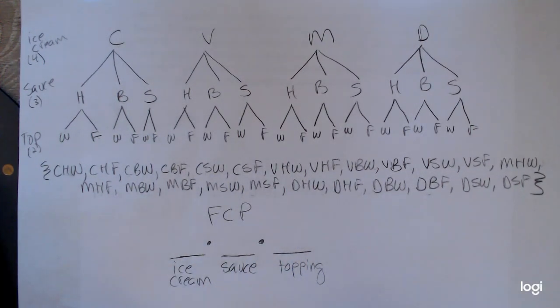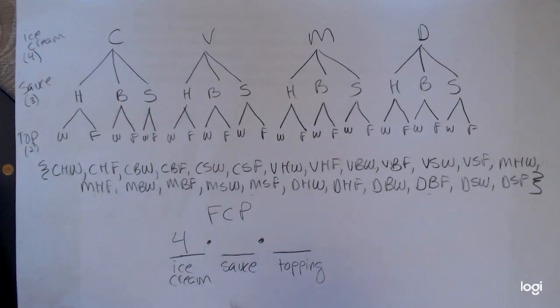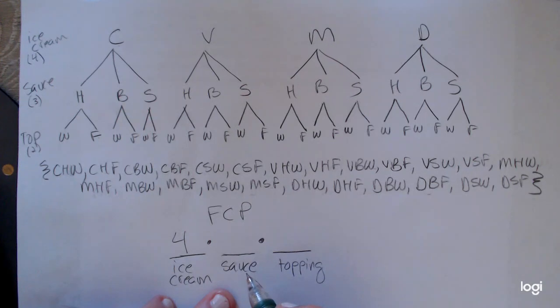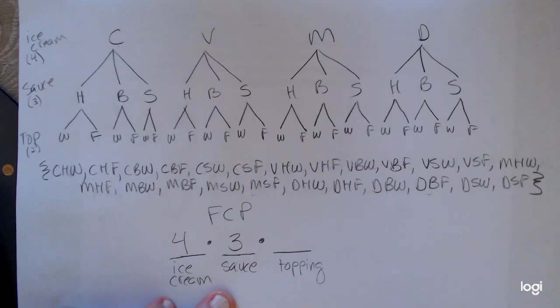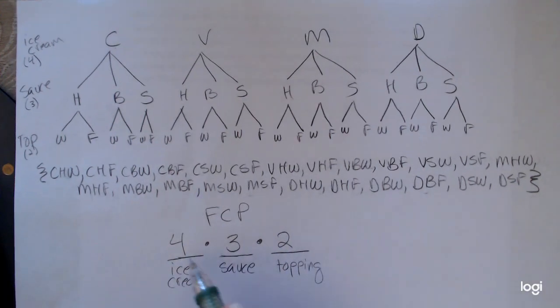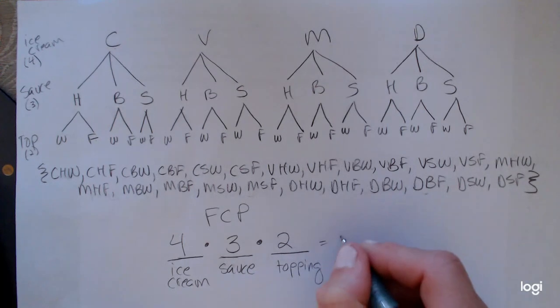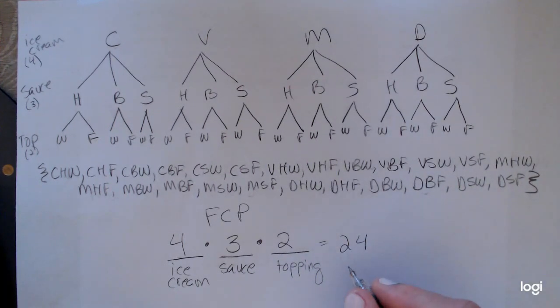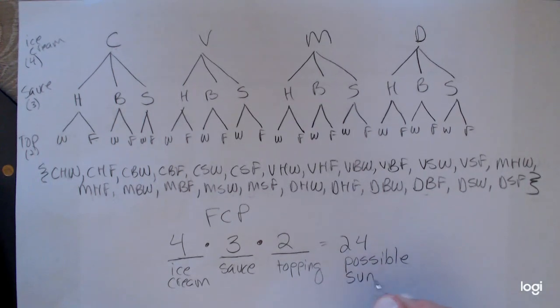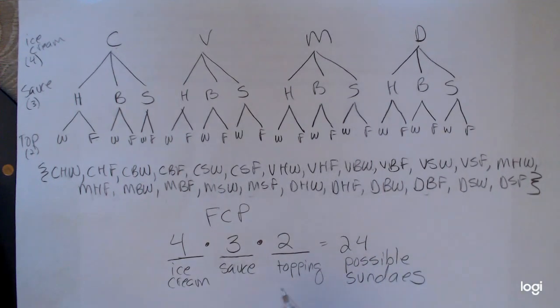So how many ways can I select an ice cream? Well, there's 4 ways, so I put a 4 in here. How many ways can I select a sauce? I've got 3 of those. And then I have 2 toppings. And again, I'm multiplying straight across. 4 times 3 is 12. 12 times 2 is 24. So there's 24 possible sundaes you can generate.